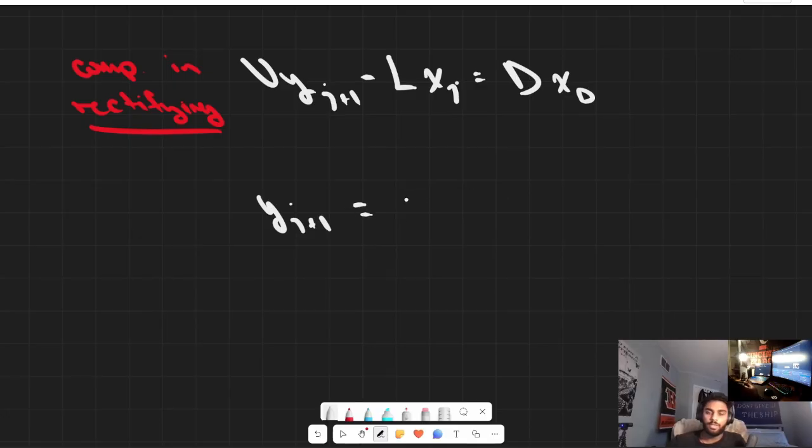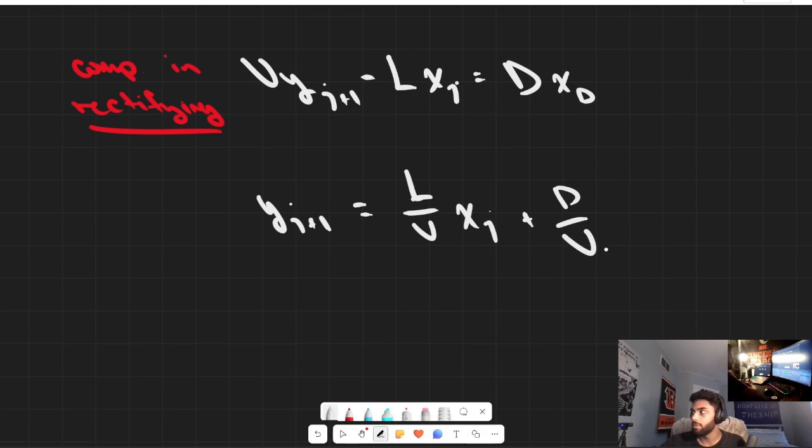So that's going to be equal to our liquid over our vapor times our liquid mole fraction of the stage above, plus our distillate over vapor times our liquid component of the distillate.